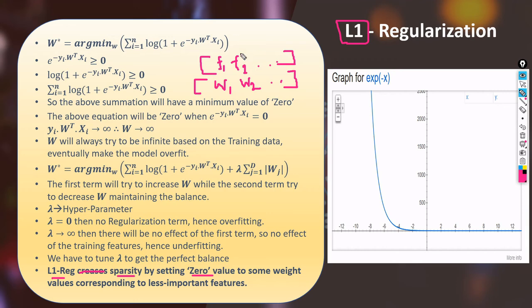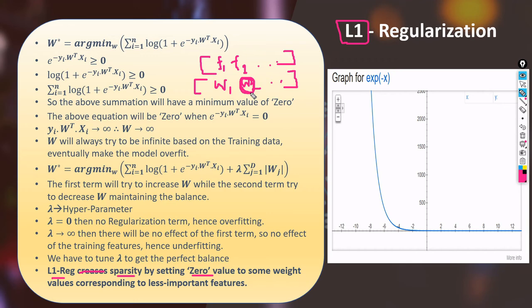Let's say if f2 is less important, then in the optimal solution this particular w value will be 0, not the vector. Every w value has a corresponding feature, right? So if a particular feature is less important, the corresponding w value will become 0, and that creates sparsity.